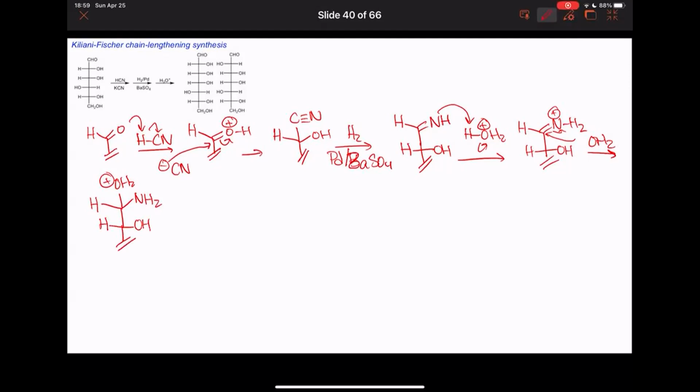Okay. And then from this step, you're going to do a proton transfer. So the H will get kicked off the water, and then you're going to have another H added to your NH3.